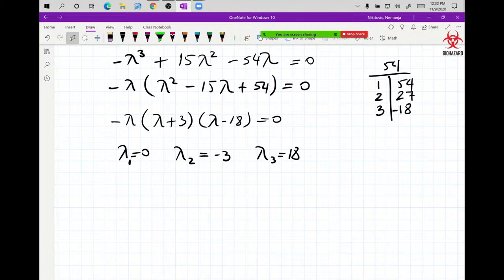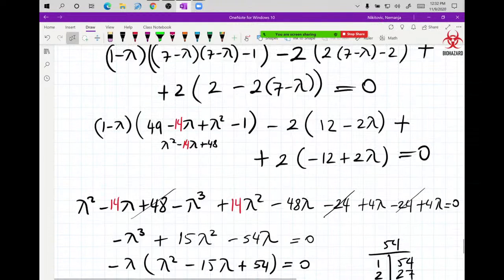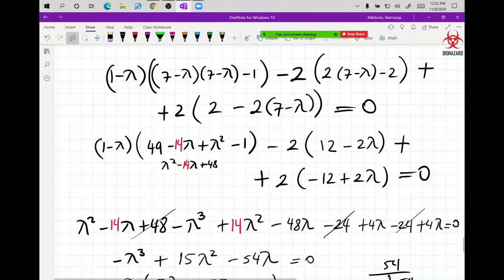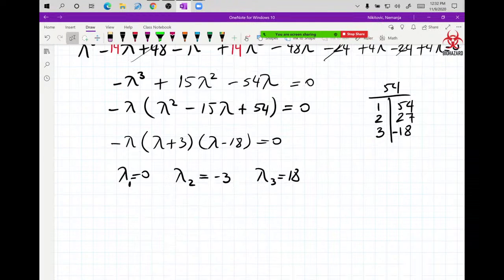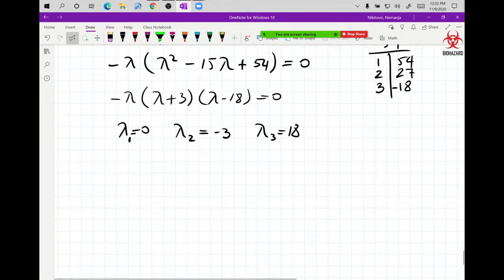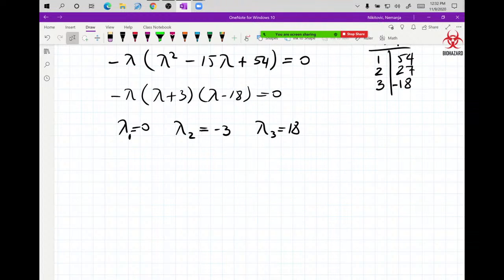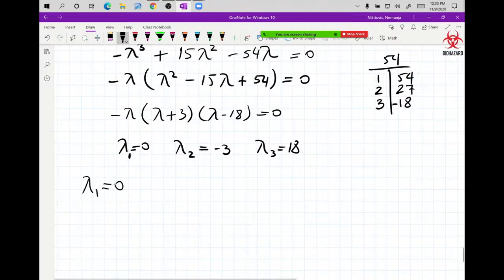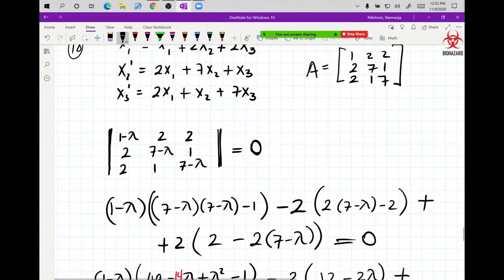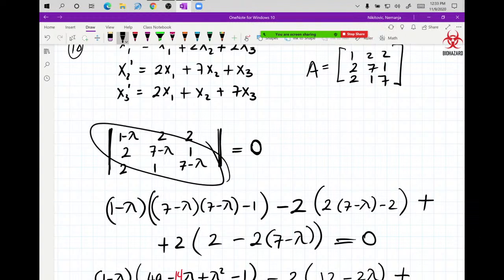Wow. All right, well, that was a nice 20 minutes just to get lambdas from this mess. I made only 4 mistakes on this one, which means that my problem is long gone. All right, so now when lambda 1 is equal to 0, we stuff that lambda into each one of these.